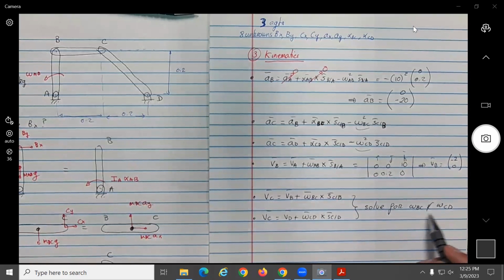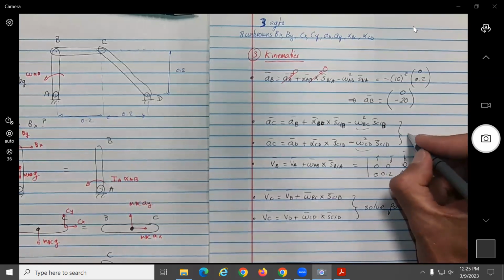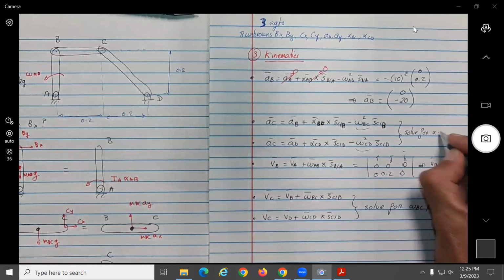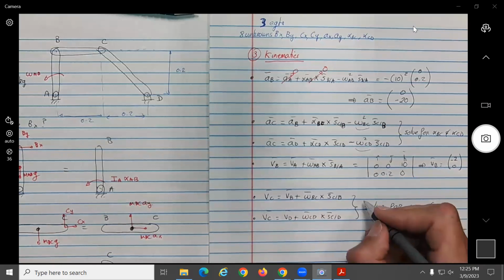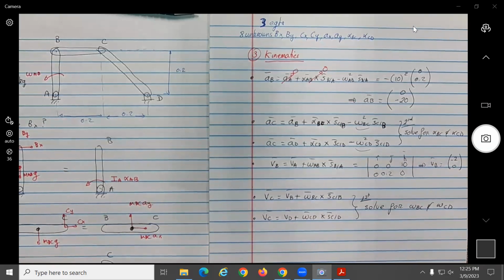All right. Now that you have these ones, what can you do with these two equations? Solve for alpha BC and alpha CD, but you first need to do this step, no? Yes? Okay. First, second. All right.